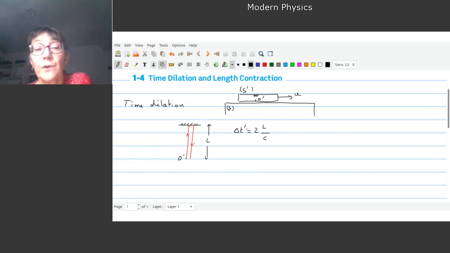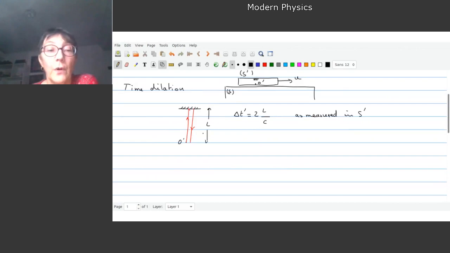This is the time as measured in S prime.